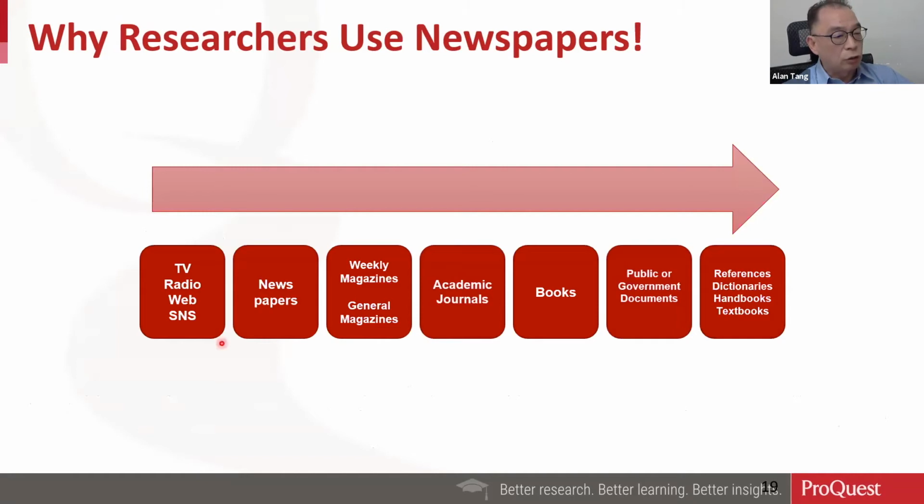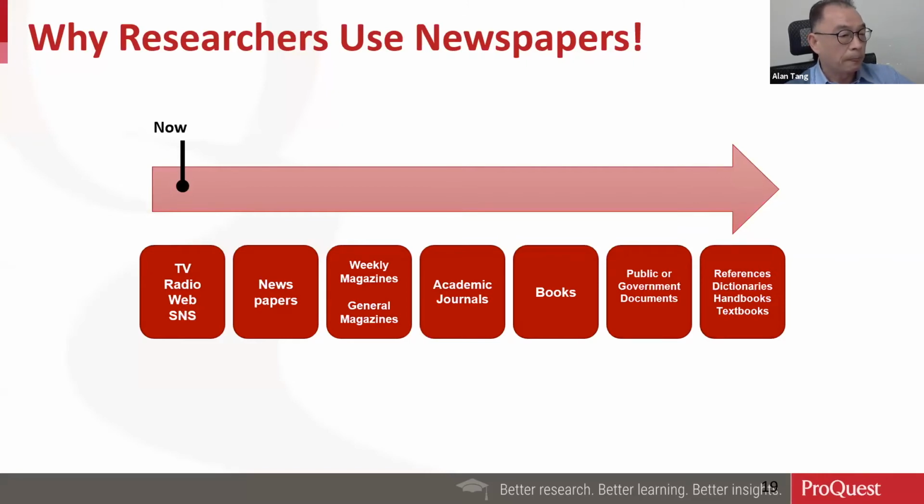This demonstrates the source. We get information from the TV, web news, newspaper, magazine, academic journal, books, government documents, reference handbooks, etc. In general, we can get instant news from TV, radio and the web, within hours.